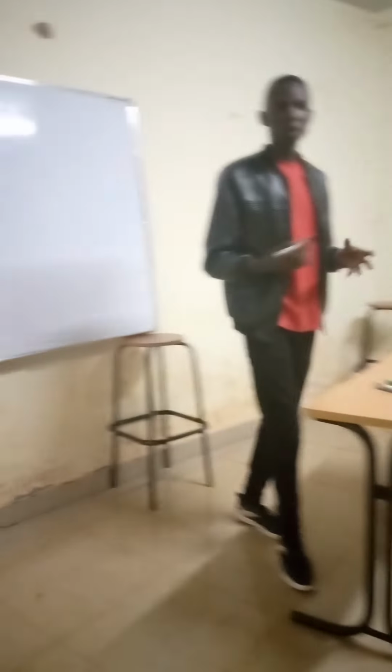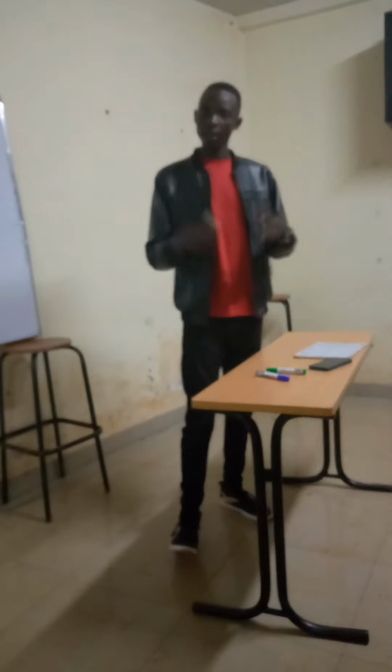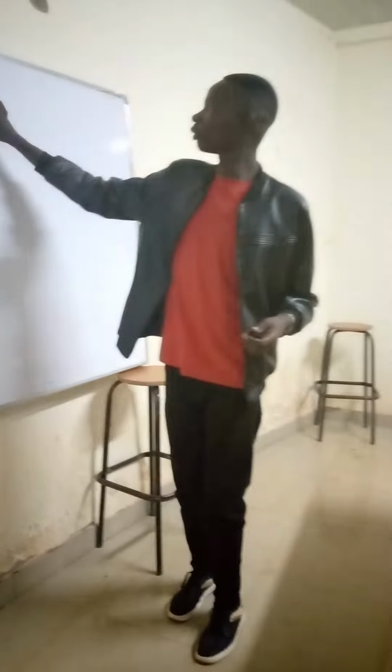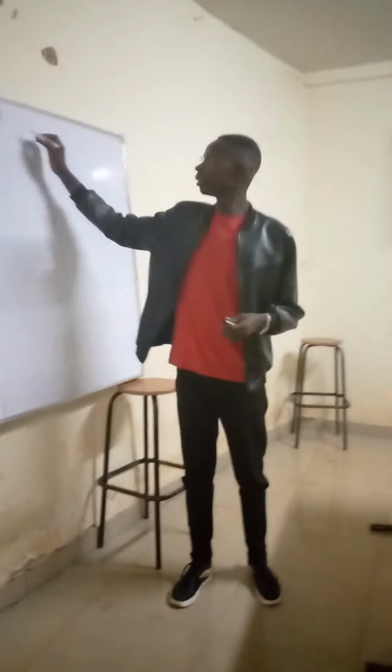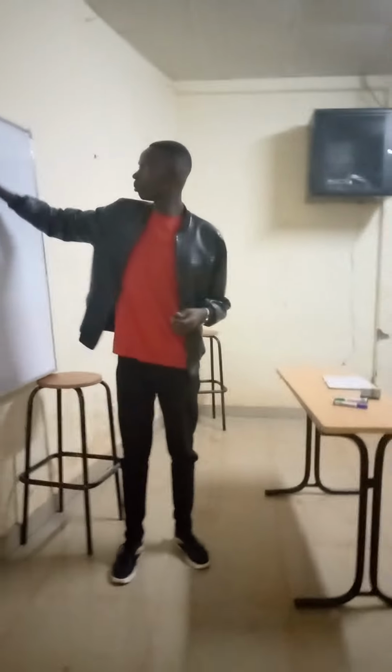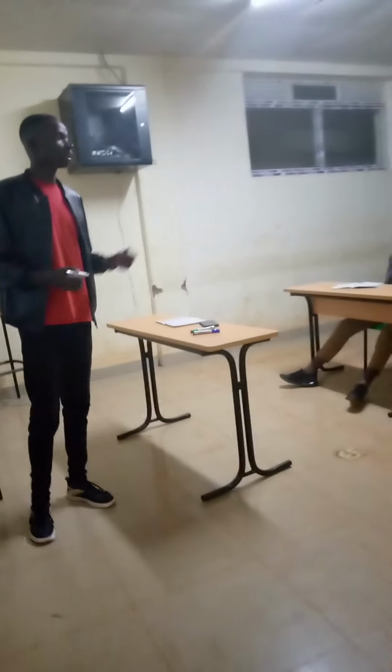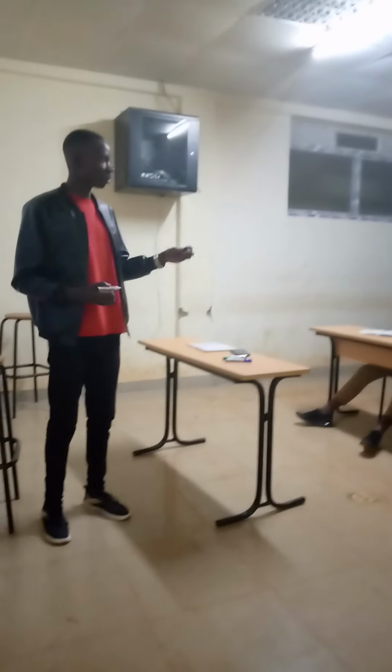Another example: you can analyze the age and the weight of diabetic patients. There also, the weight of diabetic patients can be one variable represented by x, and their age can be another variable represented by y.